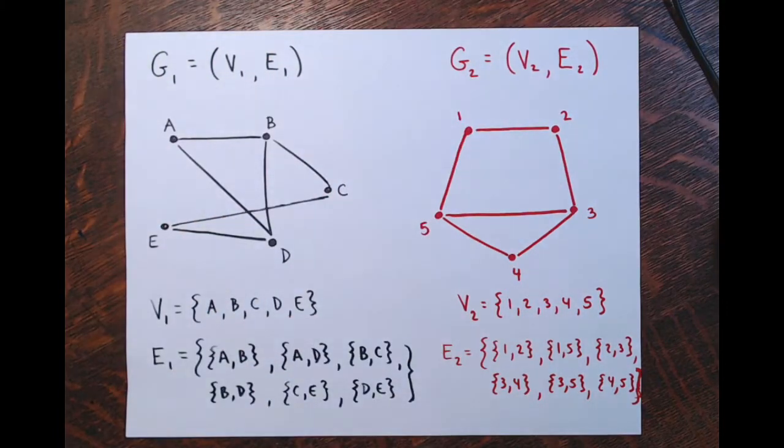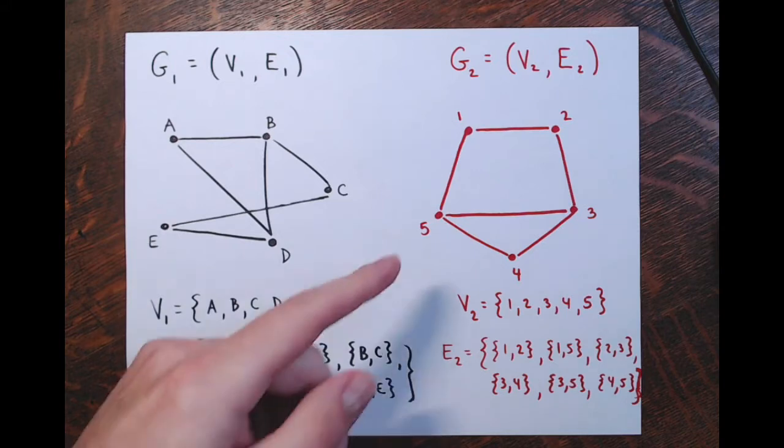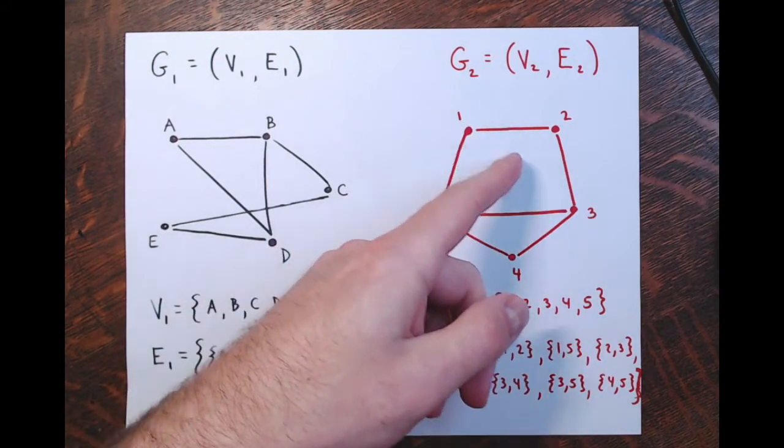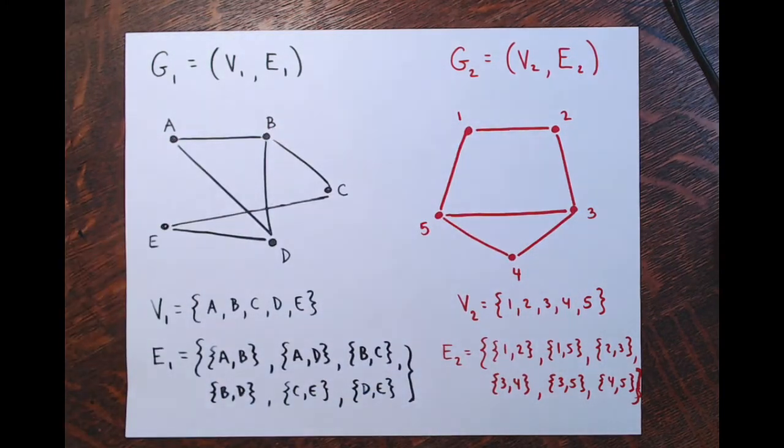So they better have the same number of edges. That's an obvious way to tell if they're not isomorphic. If I threw another edge in here, say from 1 to 3, then all of a sudden they'd have no chance of being isomorphic.